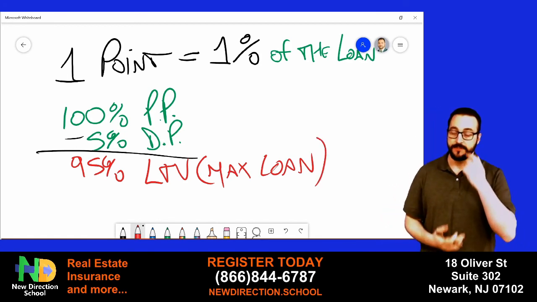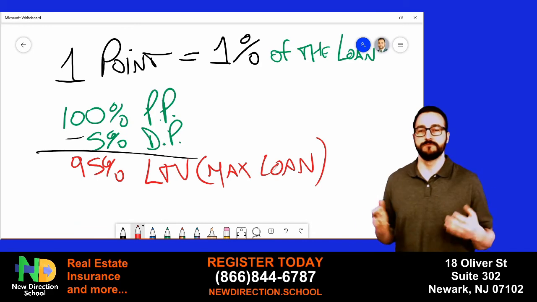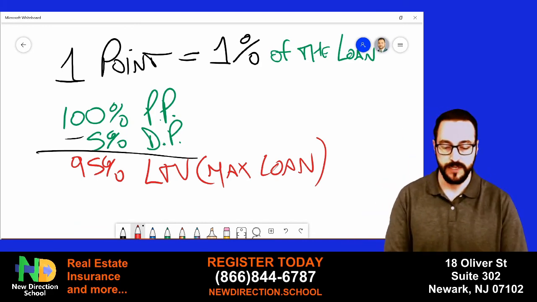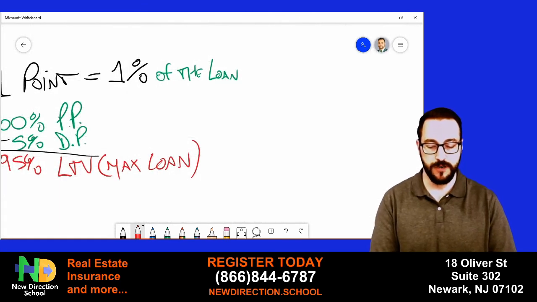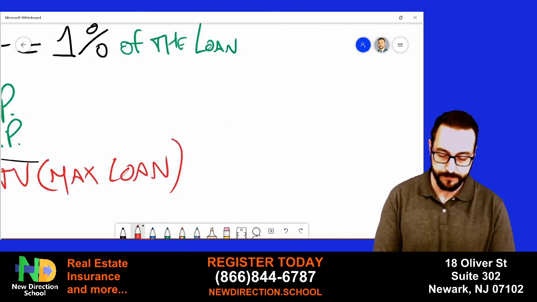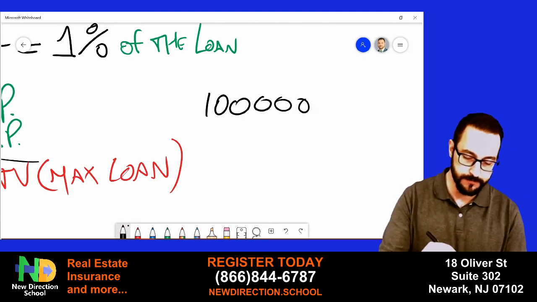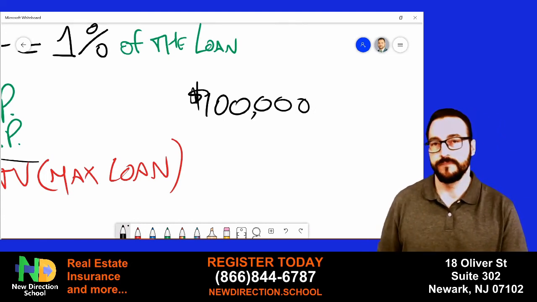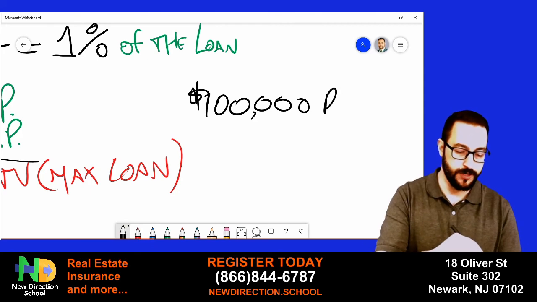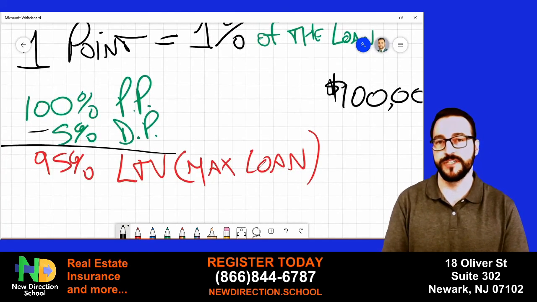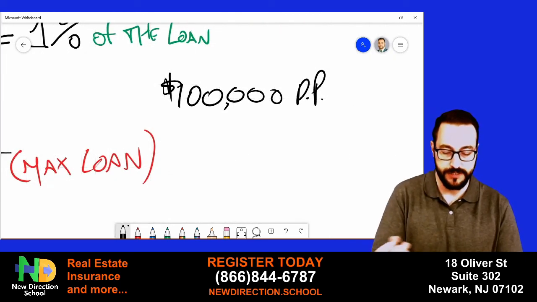So it's very simple. In this scenario, 100%, 5%, and 95%, it's easy numbers. So when we see 100%, guys, let's talk about $100,000. $100,000 purchase price. And we said 5% down payment. So what is 5% down payment?